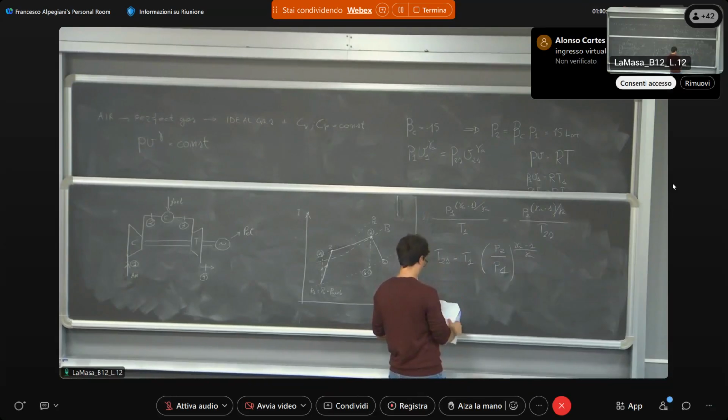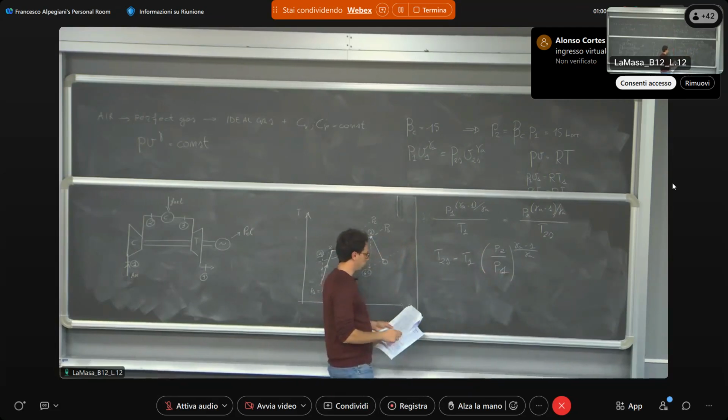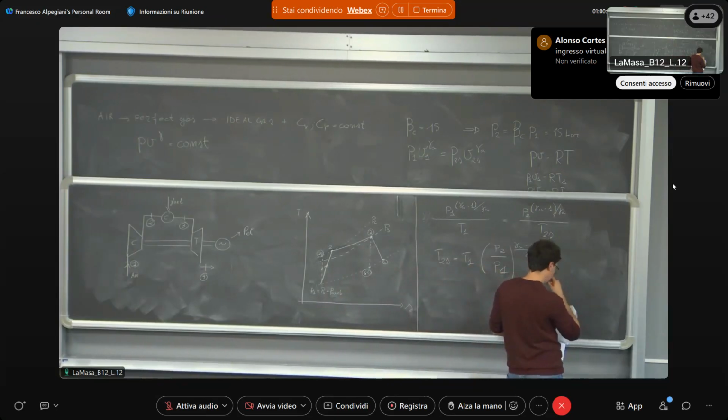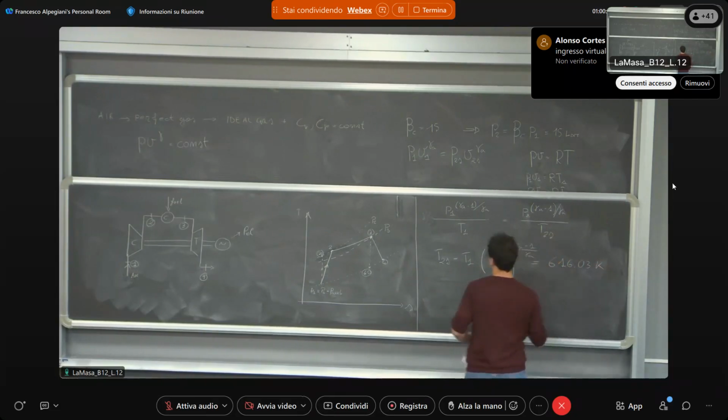Okay. So we have all the data to solve this, and so we can find that T2s, so the temperature at the end of an ideal compression, is 616.03 Kelvin.